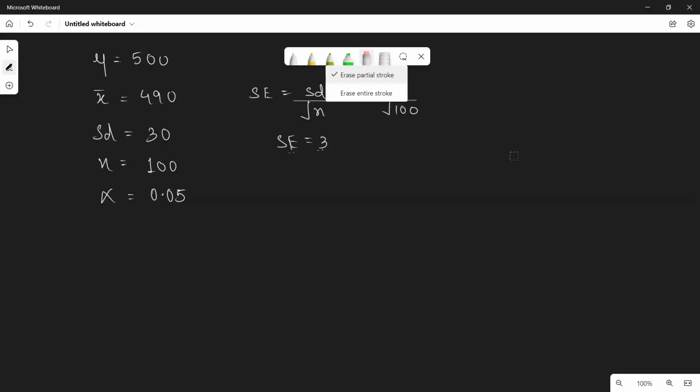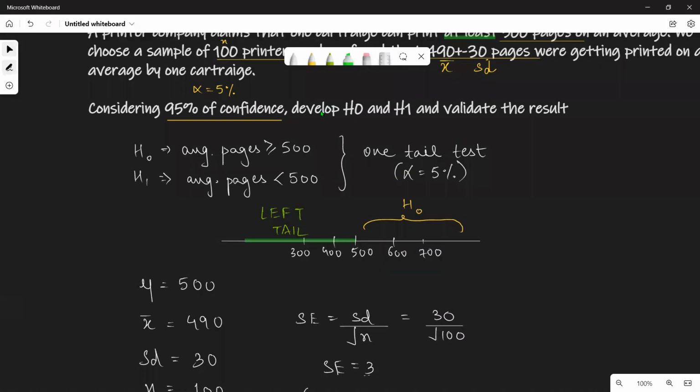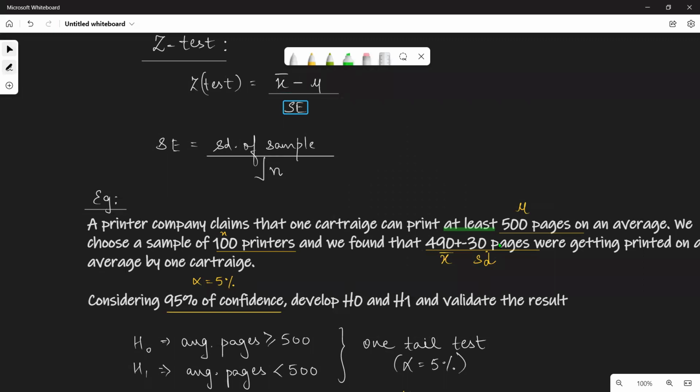So now we have calculated standard error and that is equal to 3. Then we will calculate the Z test value from the data given to you. What is the formula? X bar minus mu, divided by standard error.